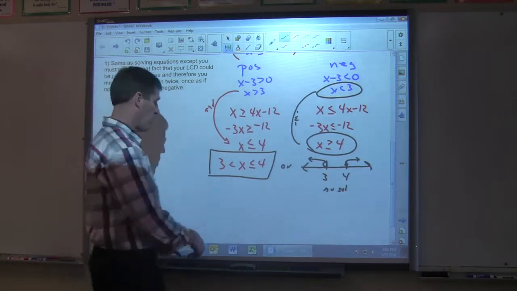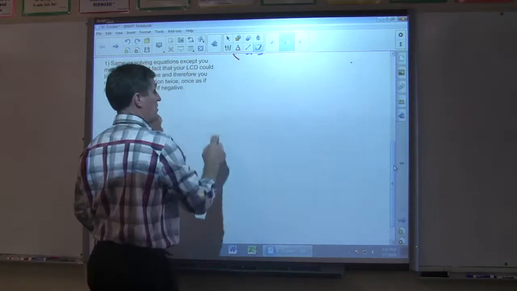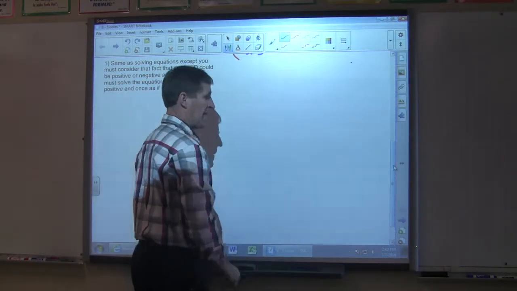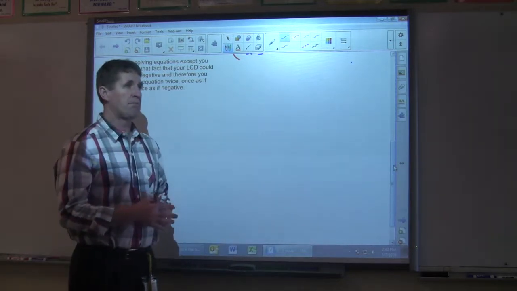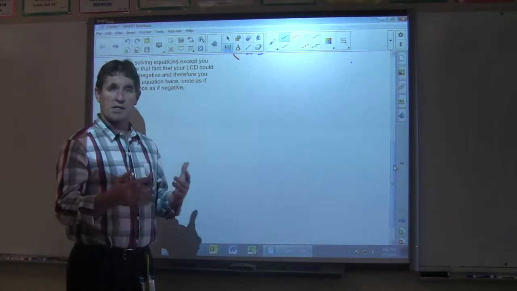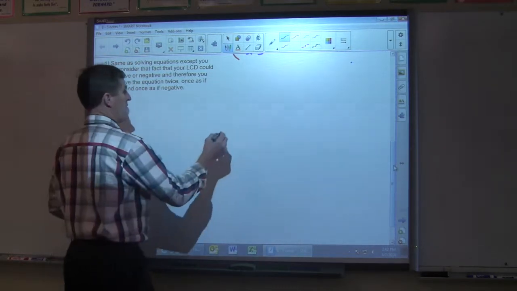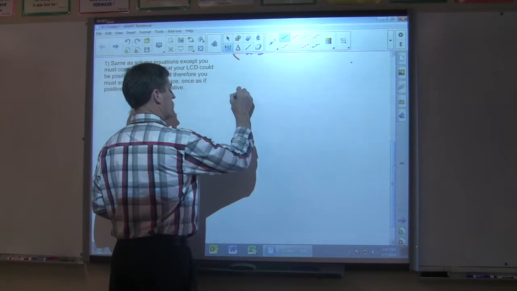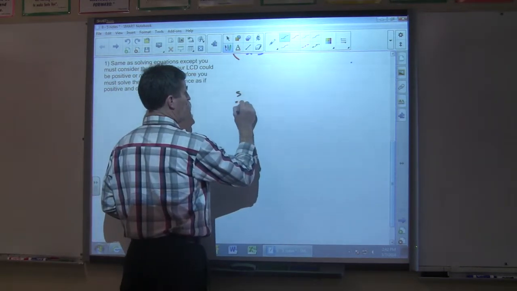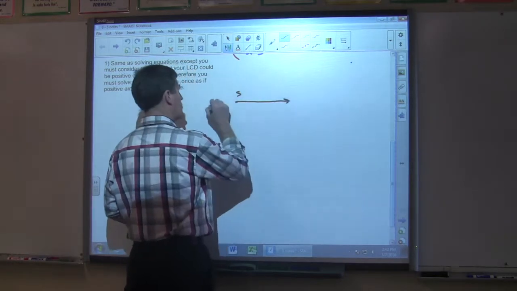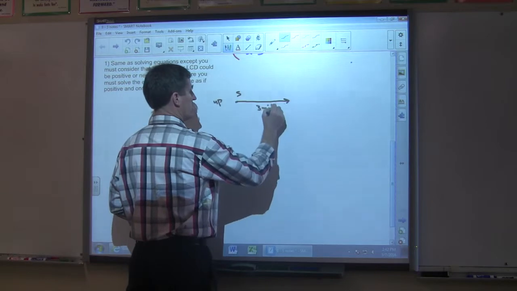So that's inequalities. The other thing we're going to do on this assignment is story problems. One type of problem we're going to do is looking at the speeds of things. In this case, we've got one problem that says we have a person who is going to start at this point, and they're going to row a canoe upstream for 3 miles.